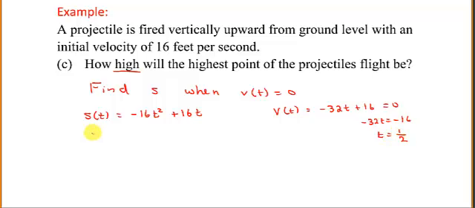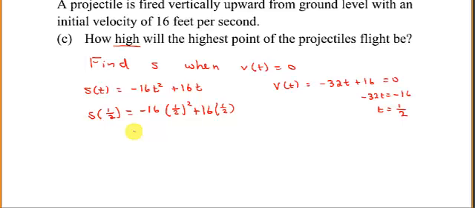When t is equal to 1/2, I'll have to evaluate S at 1/2. I need to find out where it's located at that time. That means I have to replace each instance of t with 1/2. So that'll be negative 16 times 1/2 squared plus 16 times 1/2.